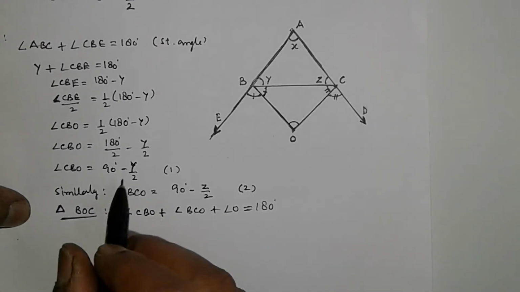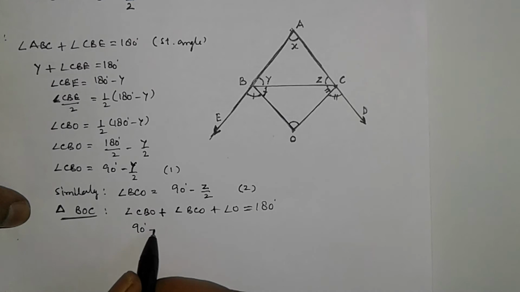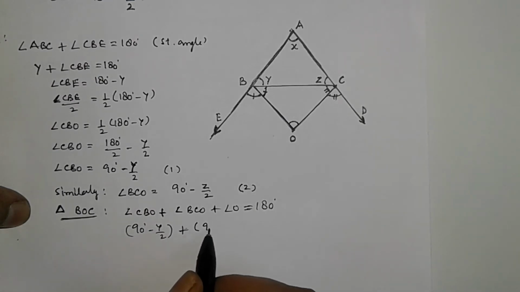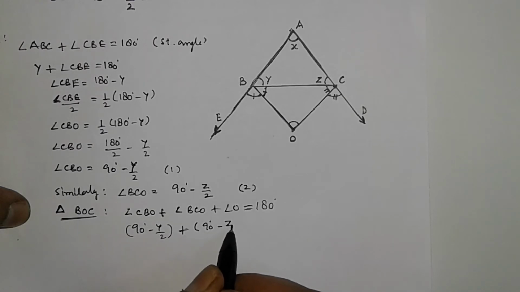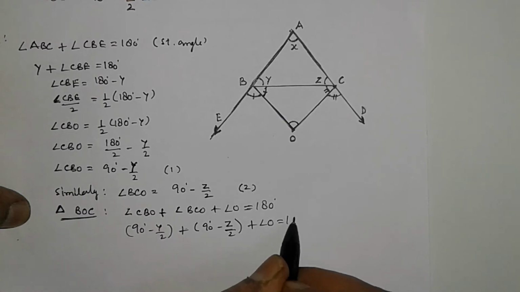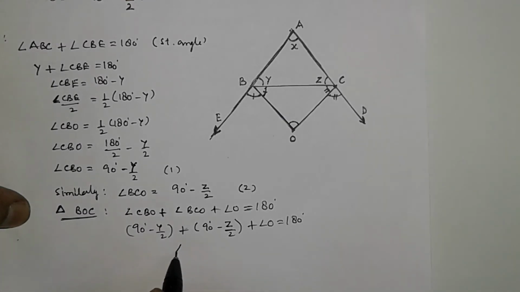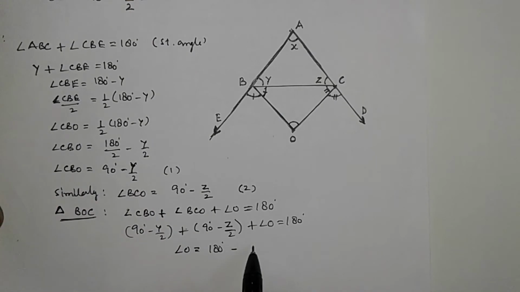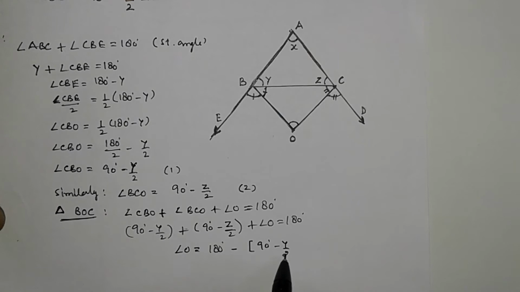So angle CBO's value is 90 degrees minus Y by 2, plus BCO is 90 degrees minus Z by 2, plus angle O is 180 degrees. So the value of angle O will be equal to 180 degrees minus, transposing this, 90 degrees minus Y by 2 plus 90 degrees minus Z by 2.